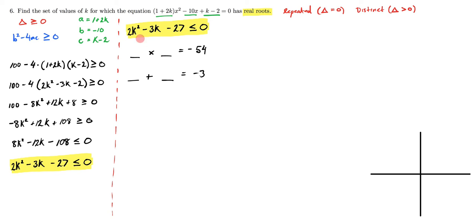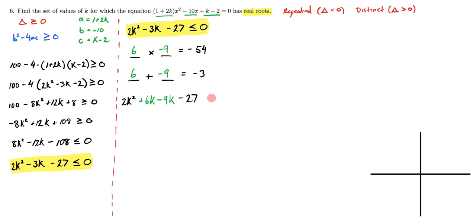The first two numbers that should leap to your mind when you see the 54 are 6 and 9. And this works here as well. And to get negative 3 out, my 9 is going to have to be negative. So now I could rewrite this as 2k squared, and instead of minus 3k, I could write plus 6k minus 9k, minus 27.